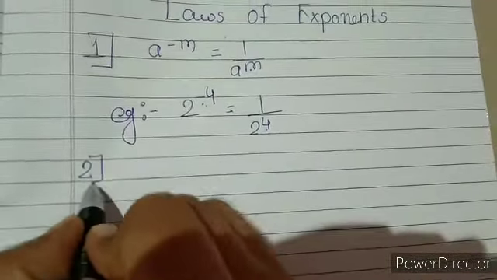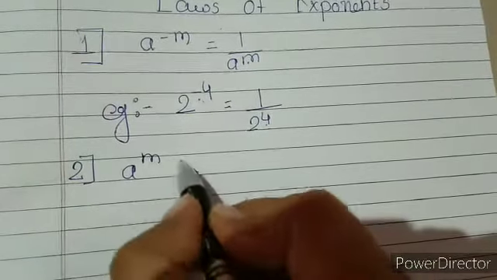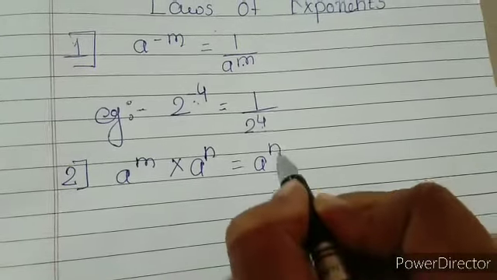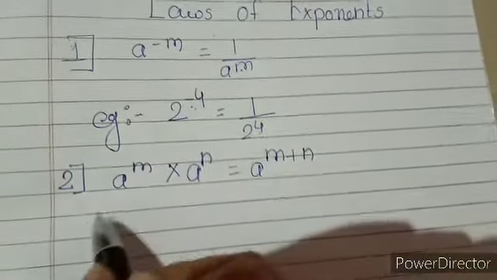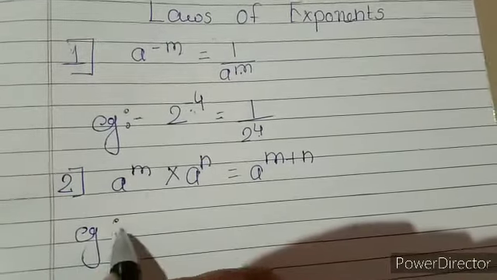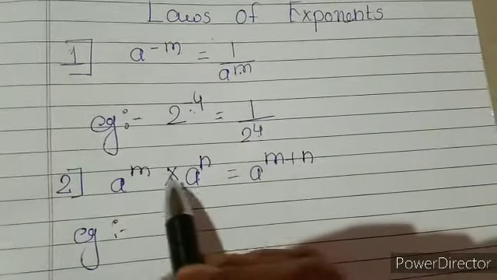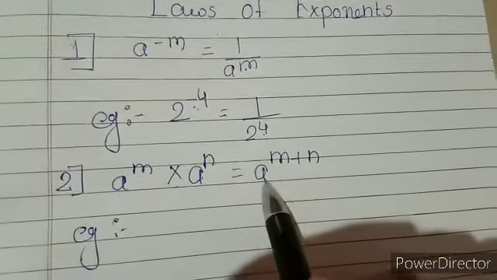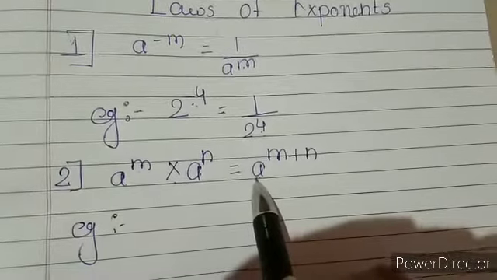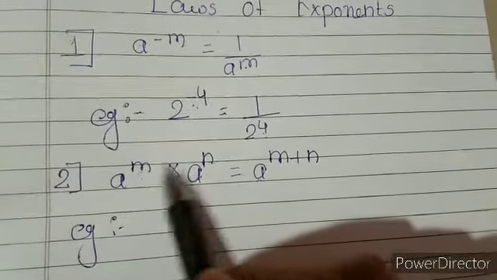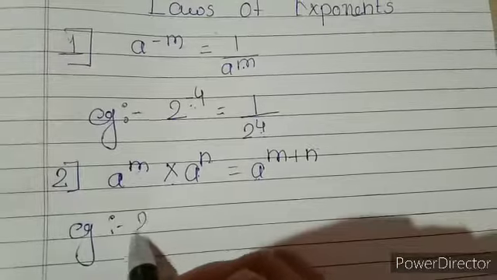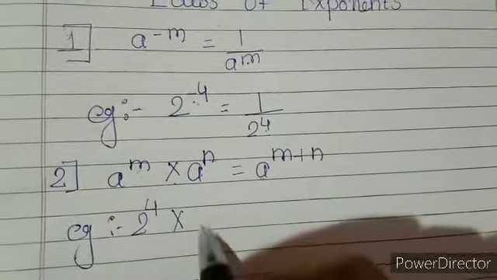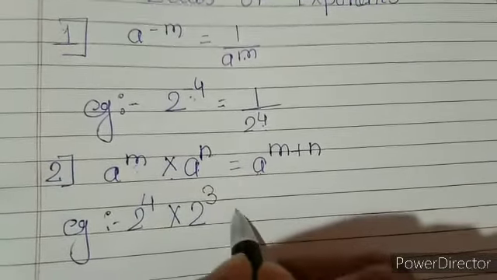The second property is a raised to m into a raised to n is equal to a raised to m plus n. Base same, index different, having a multiplication sign, then the answer is to write the base commonly one time and add the indices, m plus n. So I am taking one more example, 2 raised to 4 into 2 raised to 3.